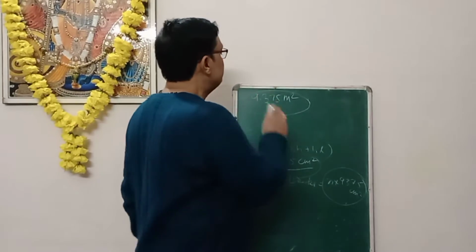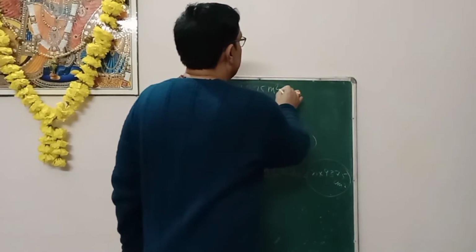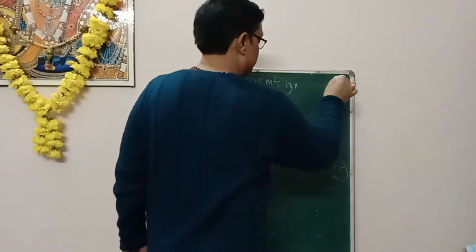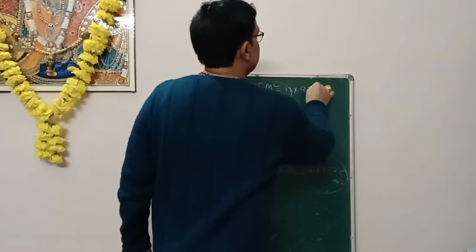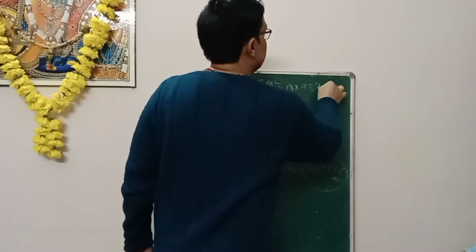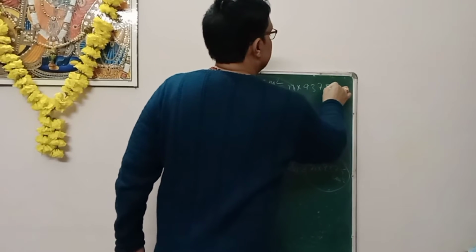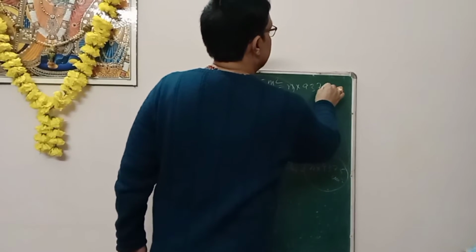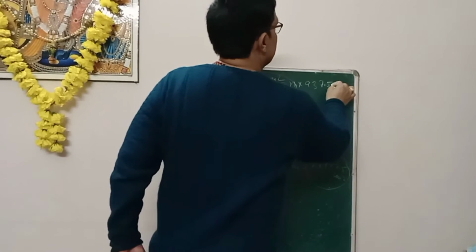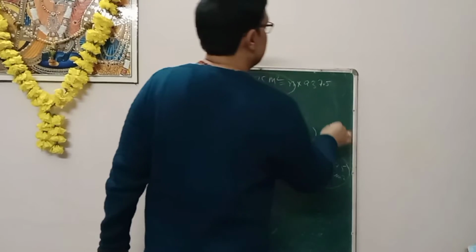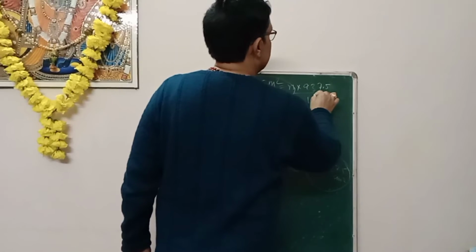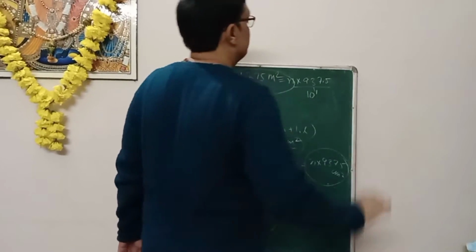So 9.375 should be equal to n into 937.5. This is centimeter square, so to make it meter square we divide by 10 to the power 4.